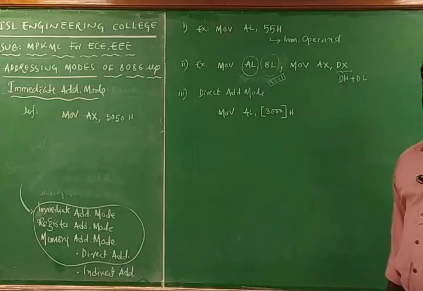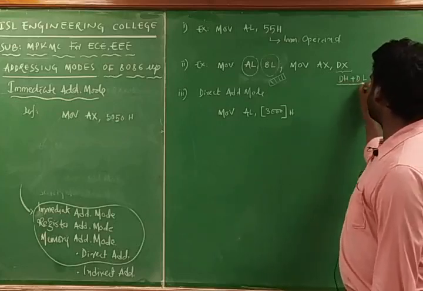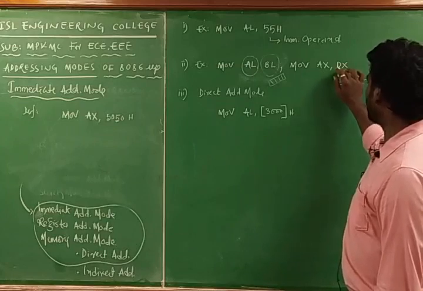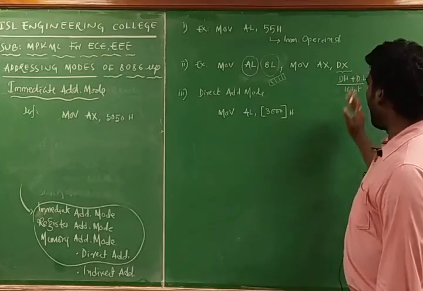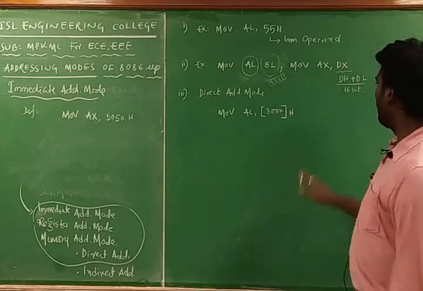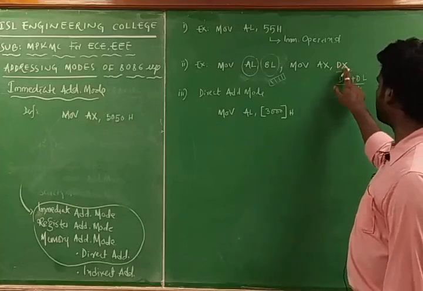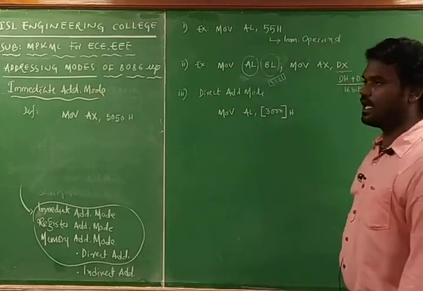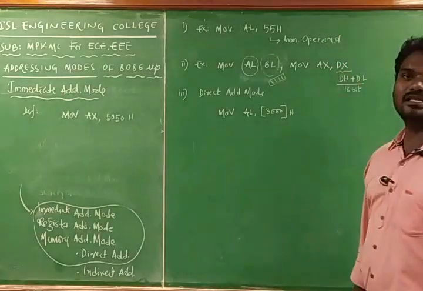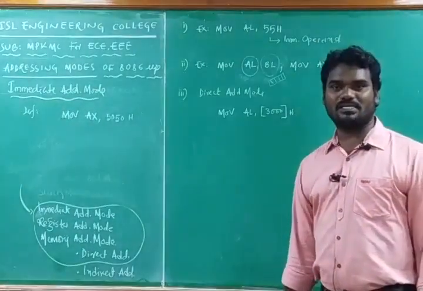We have studied this in the register organization of the 8086 microprocessor. It is a 16-bit wide register, so this DX has 16 bits of data on which we perform the MOV instruction. Whatever 16-bit data is in the DX register will be moved into AX, where AX is the destination operand and DX is the source operand.